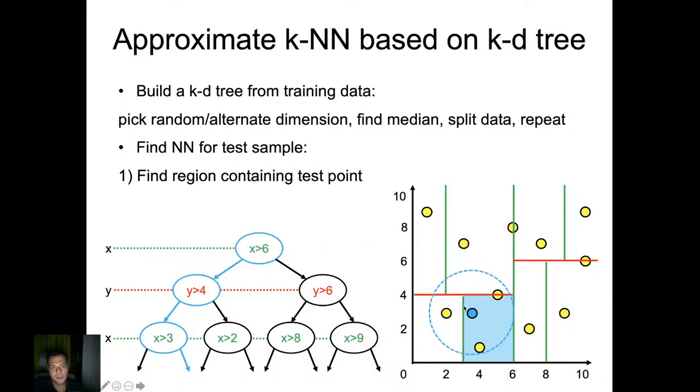If x is smaller than 6, we go on this branch. If y is smaller than 4, we go on this branch. Then if x is higher than 3, we go on this branch, and so on. So we find the region here, and now we can consider all the points from this region.